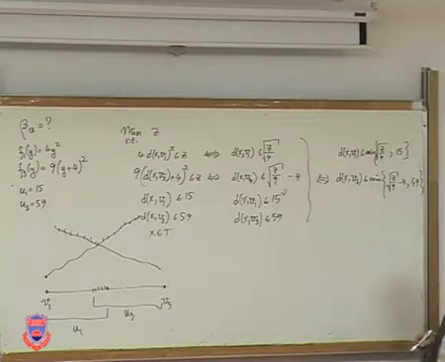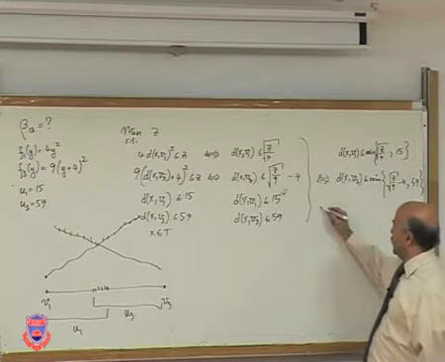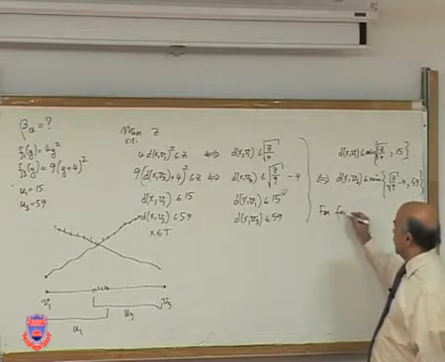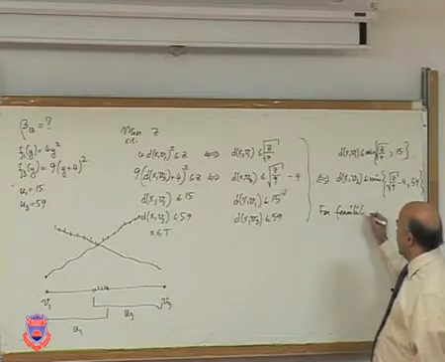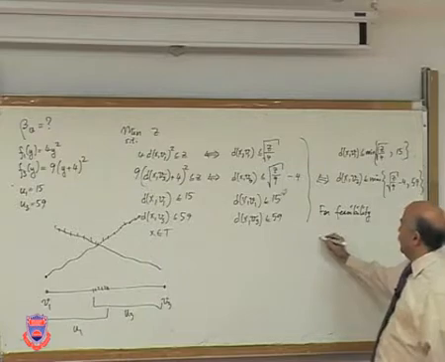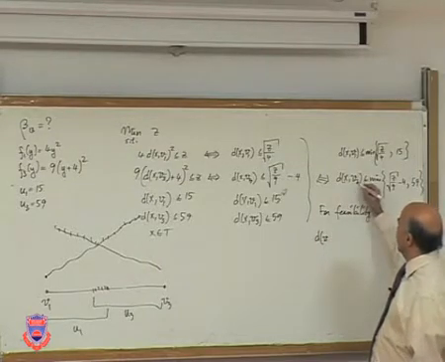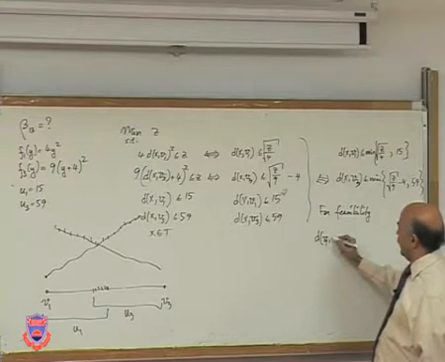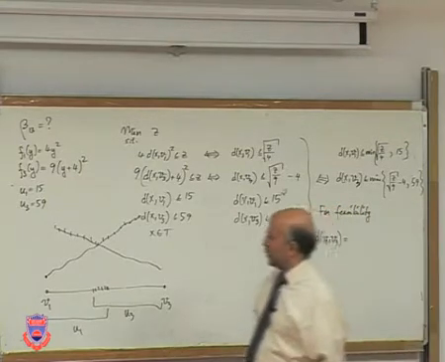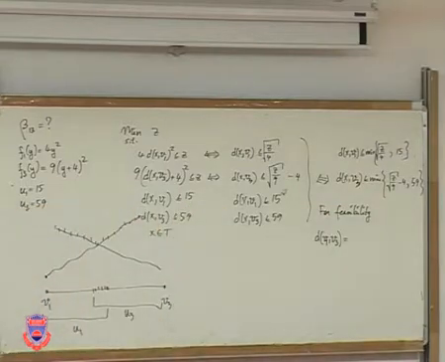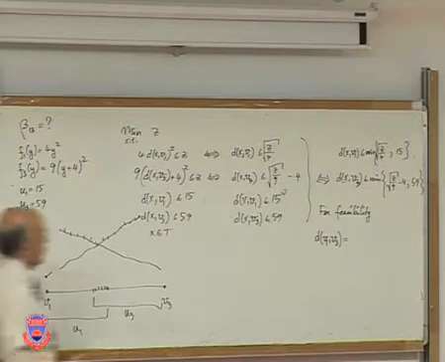Okay? When you do that, what is it that you require? You want the distance between v1 and v3. How much is it in our case? Yeah, 32.